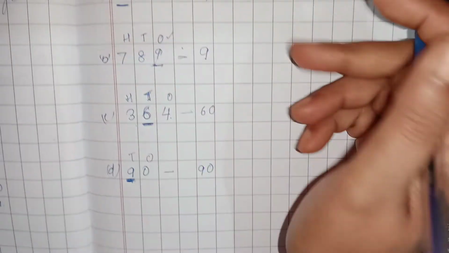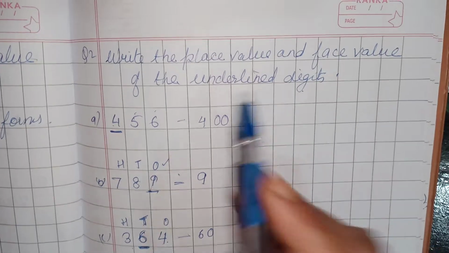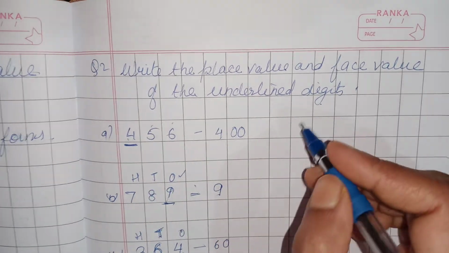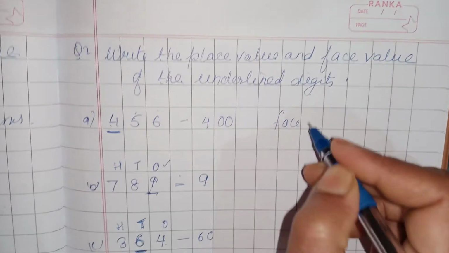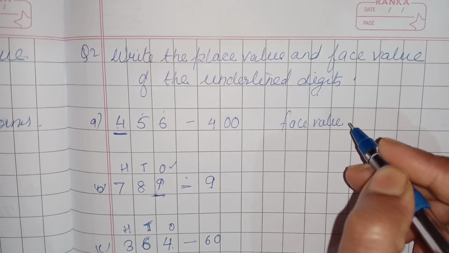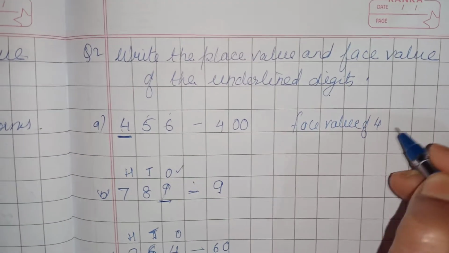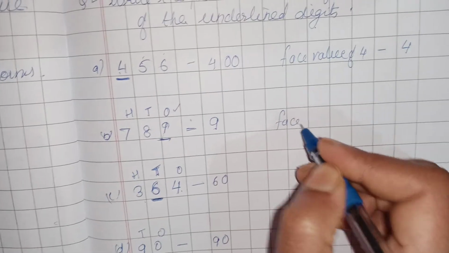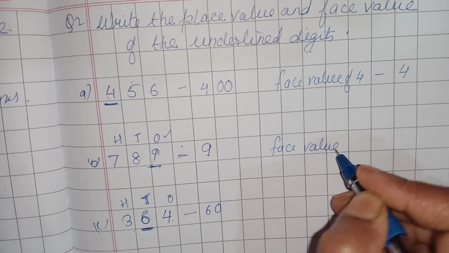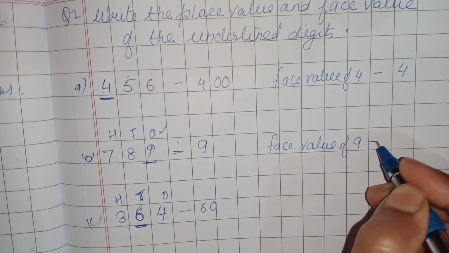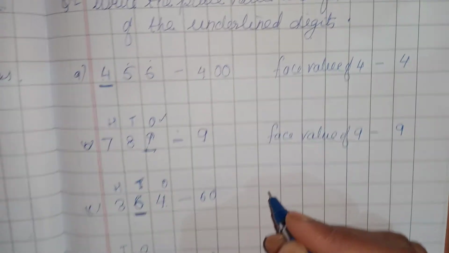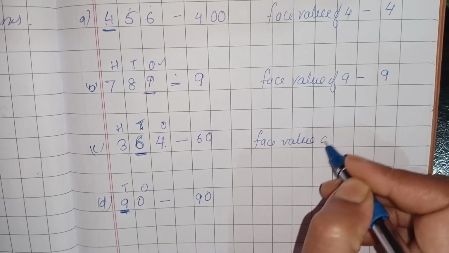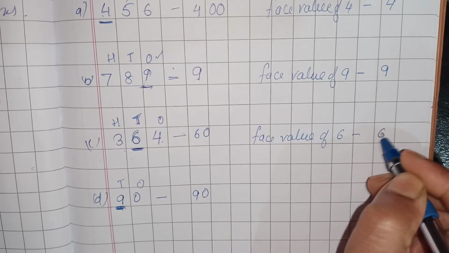What will be the face value of the underlined digit? 4. The face value never changes. Remember this. So the face value of 4 will be 4. Again the face value of 9 will be 9 only. Again the face value of 6 will be 6 only.